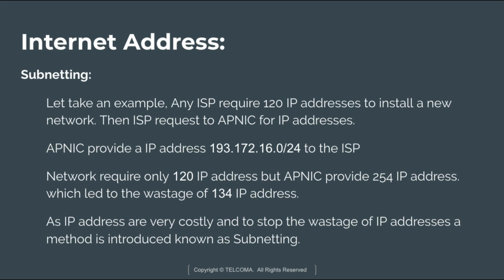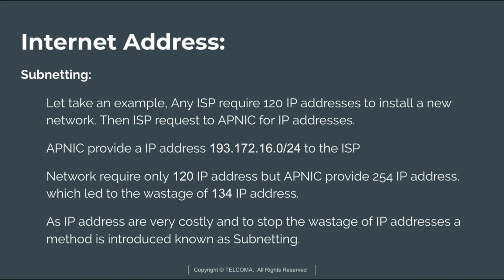This is a class C address, given by APNIC. As this is a class C address, we know that it has 254 valid IP addresses in total. The network requires only 120 IP addresses, but APNIC provides 254 IP addresses, which leads to the wastage of 134 IP addresses.